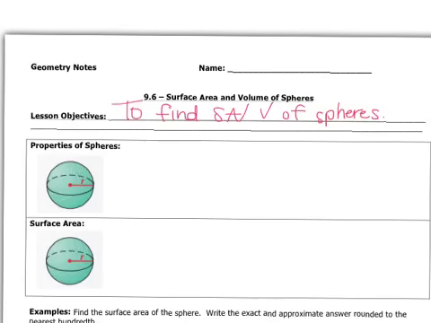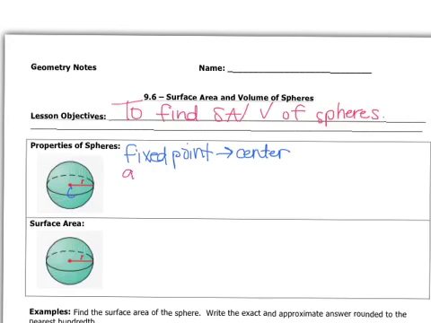We have a fixed point, which we call the center. That's in the very middle of your sphere. What a sphere is, is all of the points that are the same distance away from that center point.